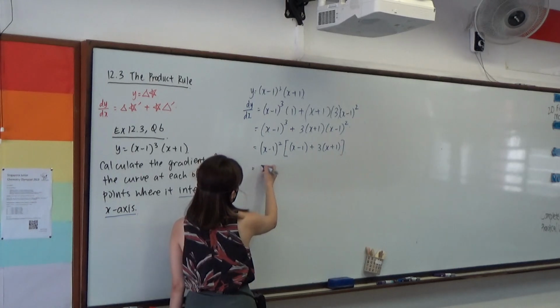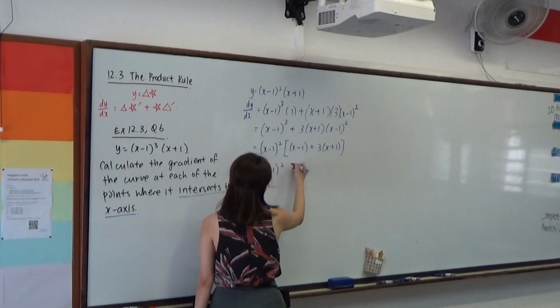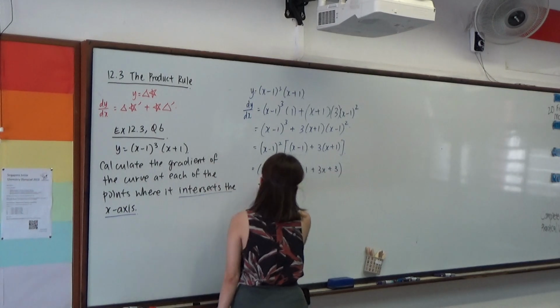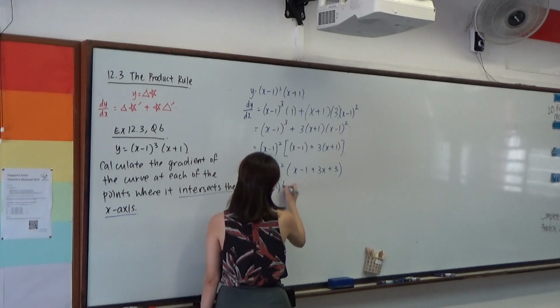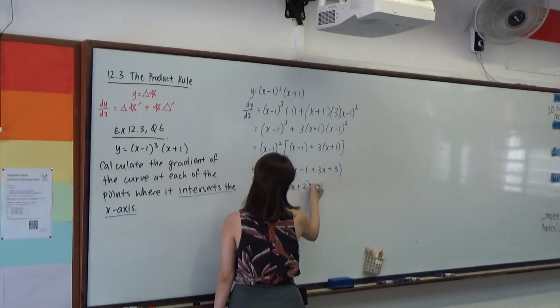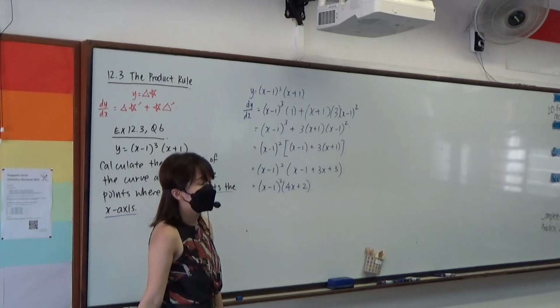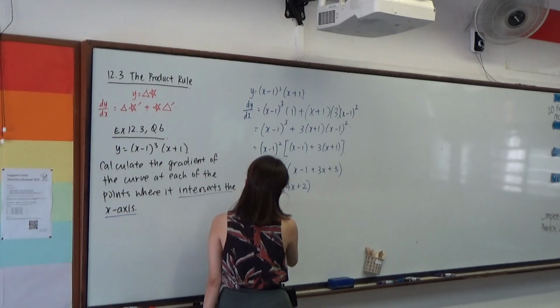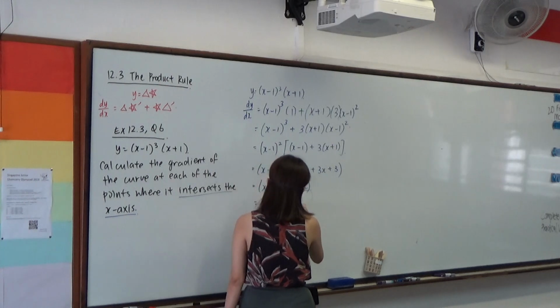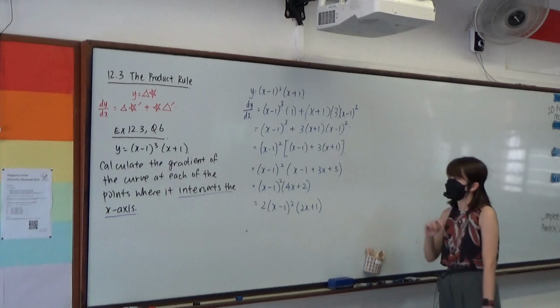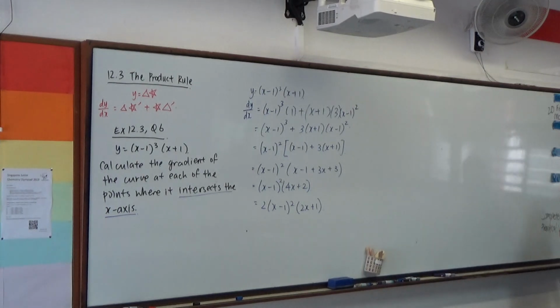Then we can simplify it and we get 4x plus 2. If you really want to factorize out the 2, no one's stopping you. So if you want it fully factorized, it will look like this.